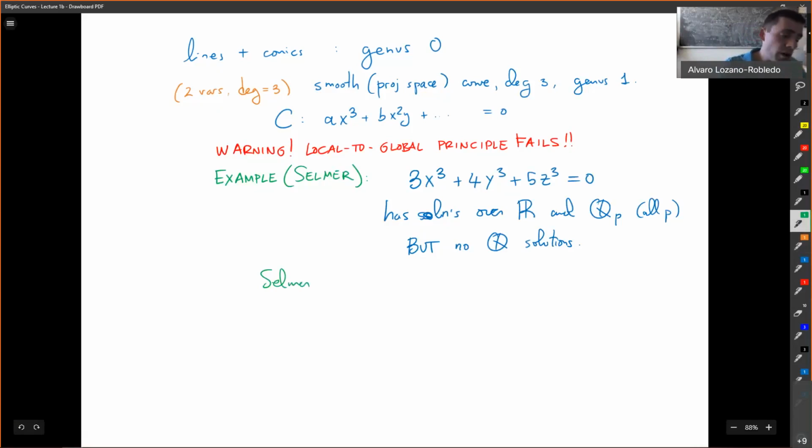So Selmer talked about this, the Diophantine equation ax cubed plus by cubed plus cz cubed equals 0, in Acta Arithmetica.